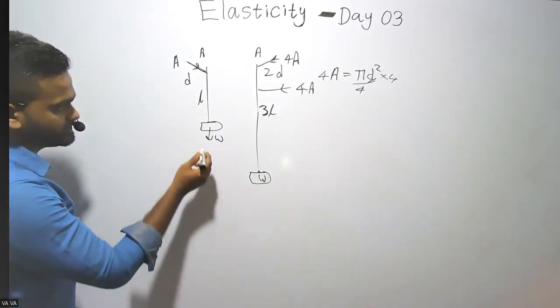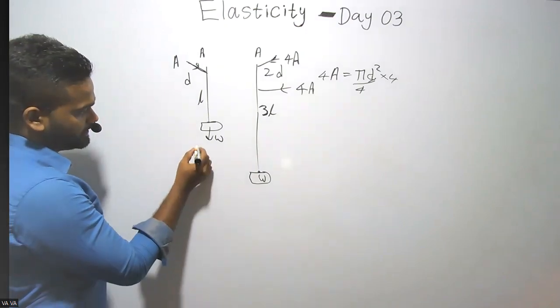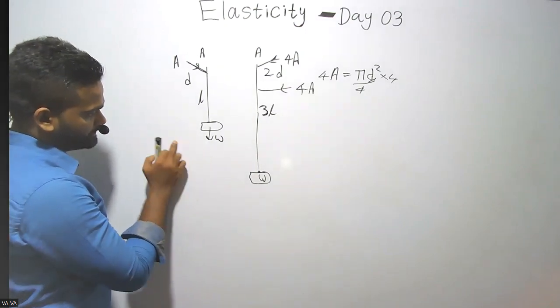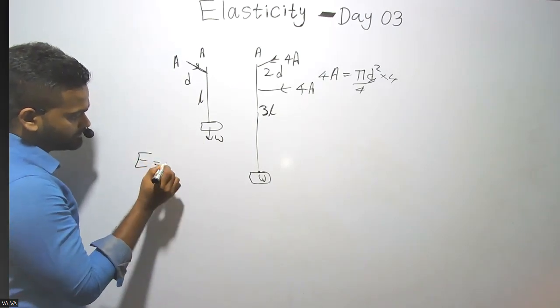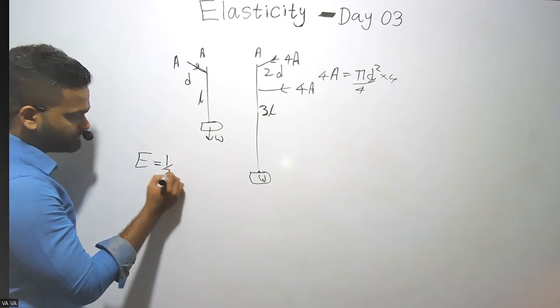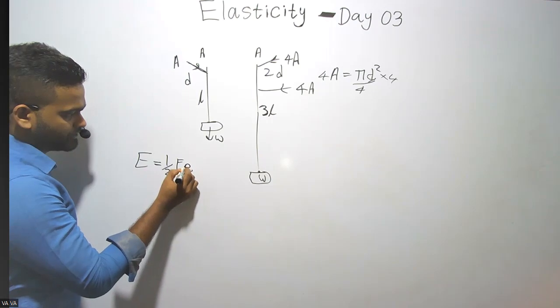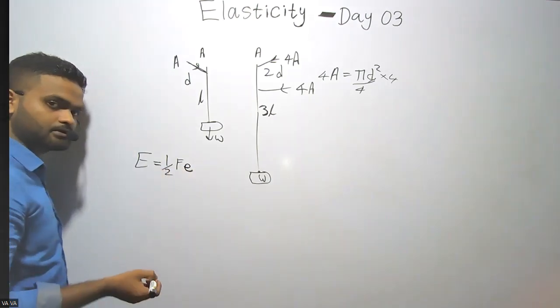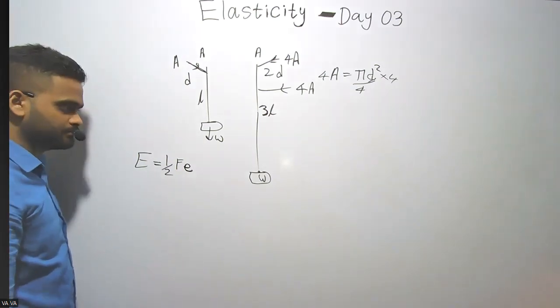So what they ask is the ratio of elastic potential energy. So what is elastic potential energy? That is half Fe. If you don't remember, you can check from the notes. Half Fe.